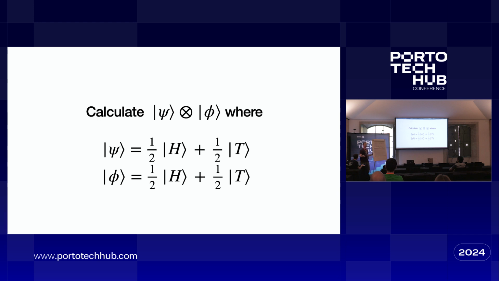Is that the right answer? Absolutely it is. This is a quarter times all the possible outcomes. This is all we need to do at this point. It works kind of like multiplication.